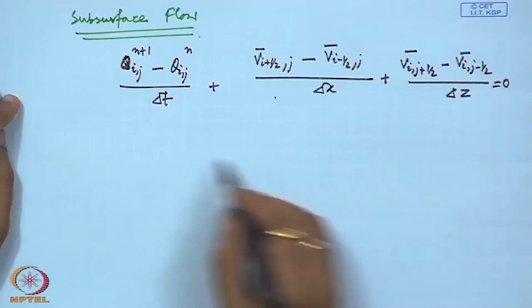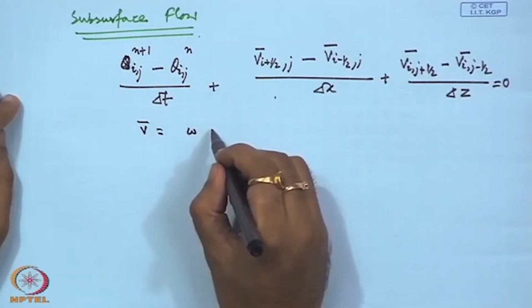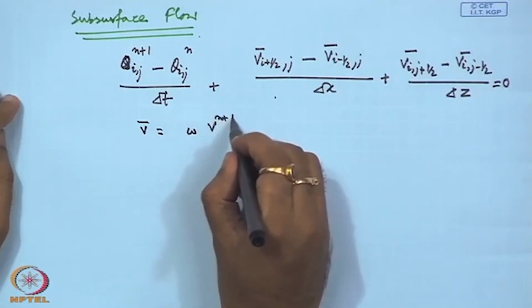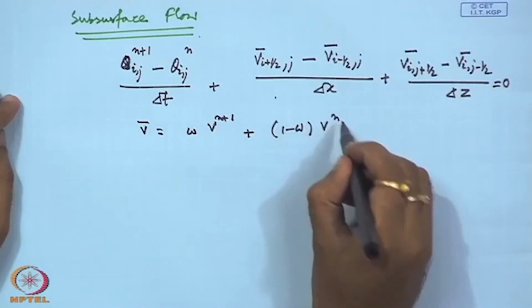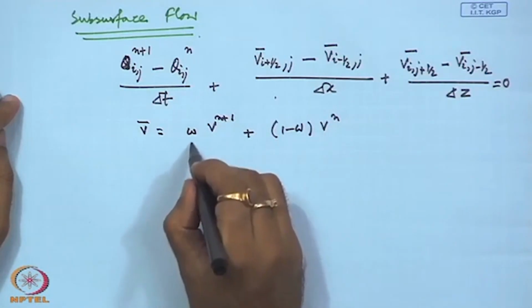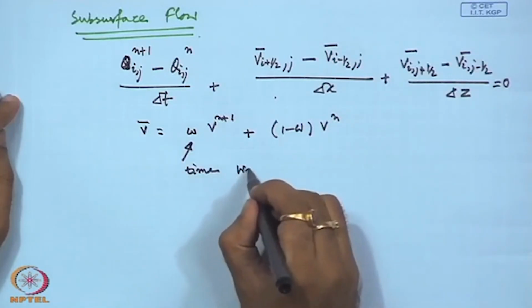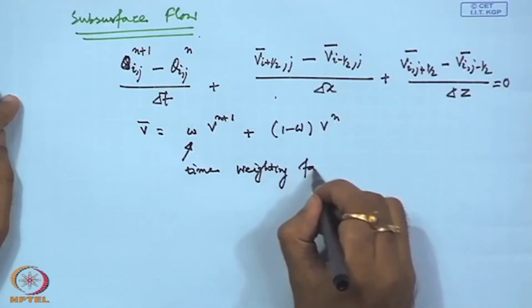So, this V bar is basically W into V n plus 1 minus W V n, and this W is the time weighting factor.